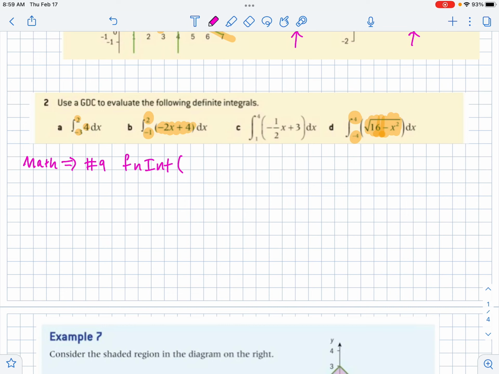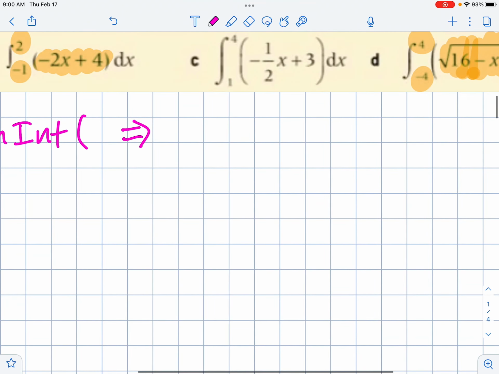Now, if you're on an 84 or 84 Plus or something like that, and you hit that, you're going to get a nice menu that looks like this. It's going to be a little integral symbol, there's going to be a box here, and then parentheses, and a box here, parentheses, and then a D box.